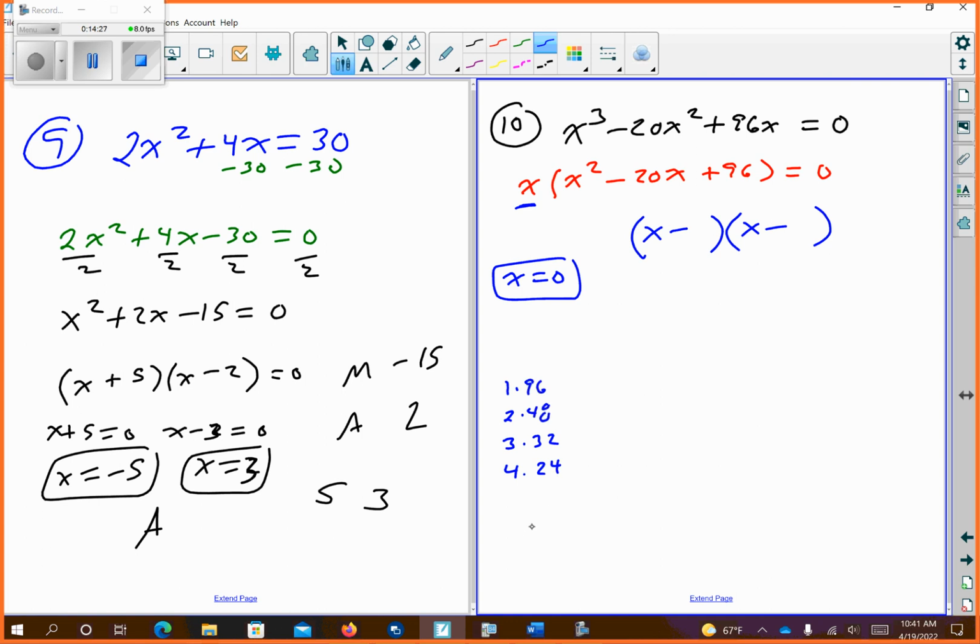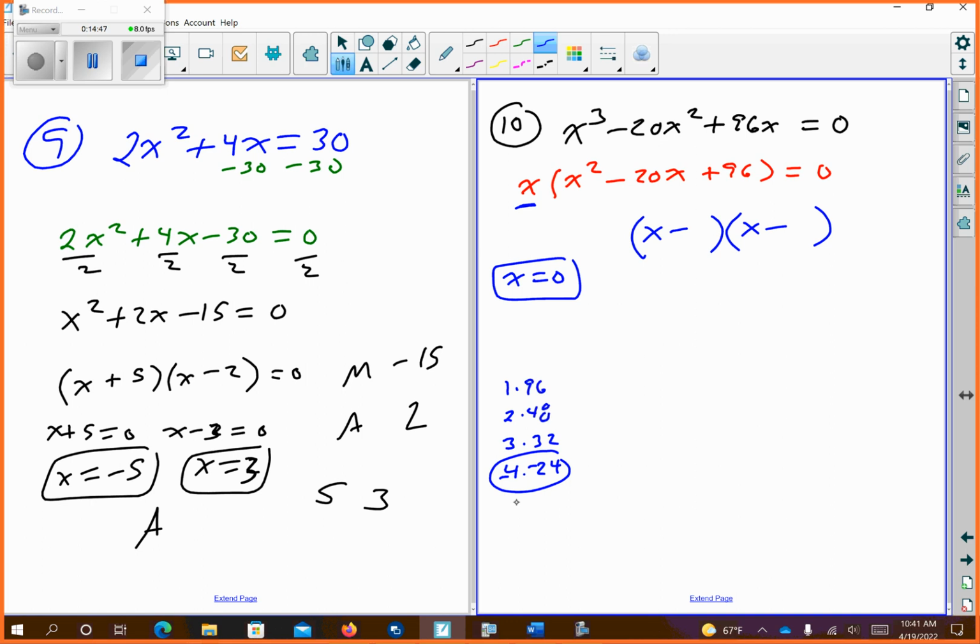Are 4 and 24 20 apart from each other? They're both negative. Oh, but hang on. If these are both negative, what do they add up to? 28. Right? Oh, so that's not it.